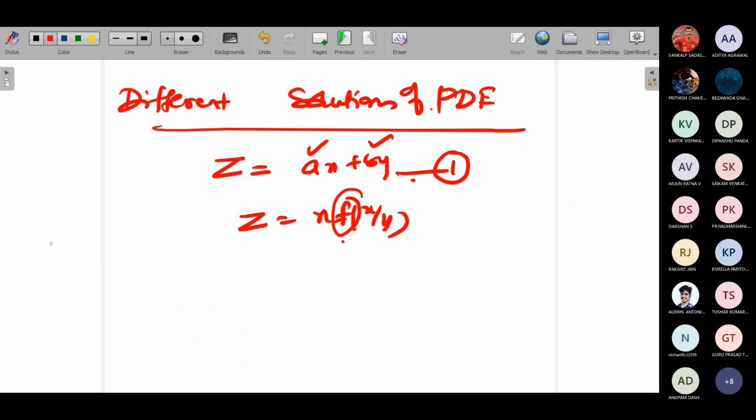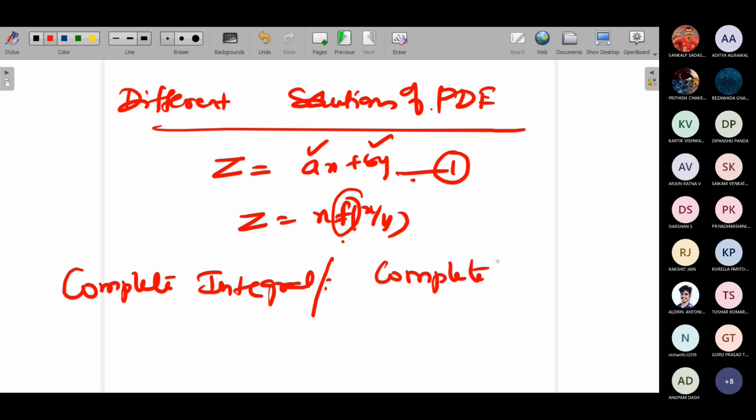So the first solution I'm going to talk about is complete integral, or you can even call it complete solution. Okay. So just compare with the ODE. When you have ODE, you will solve the complementary function.